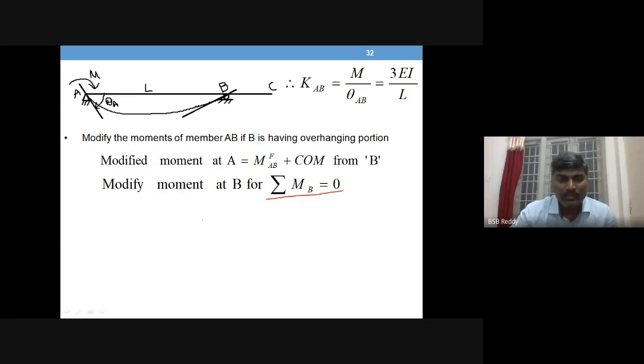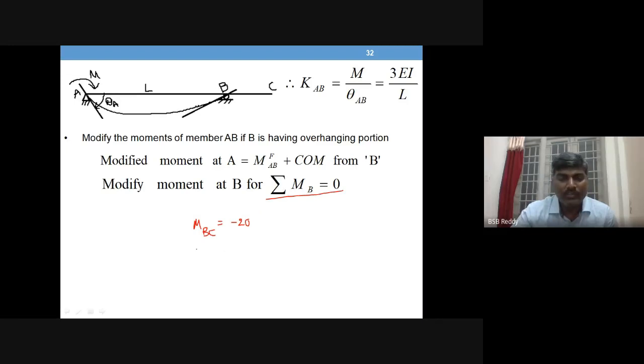Which means you will have some cantilever moment MBC value, depending on the load on the cantilever. So you'll have some value, for example, say minus 20, just an example.